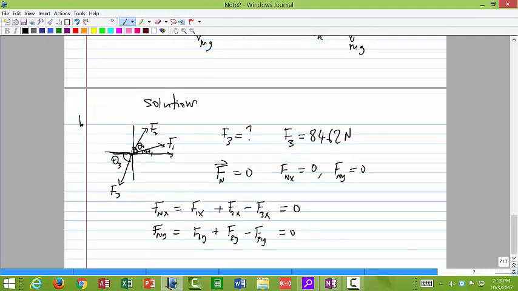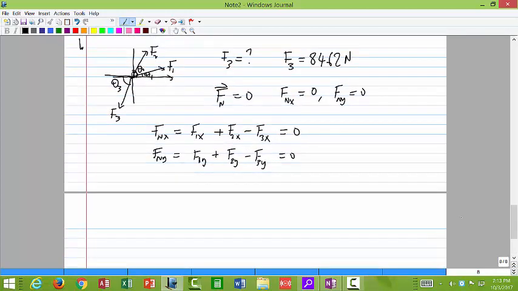So what you want to do first is to find the components of the forces F1x, F2x, and so on. F1x, what is F1x? F1 cosine theta 1, which is equal to what? 34.6. Okay, thank you. What is F2x? 17.1.